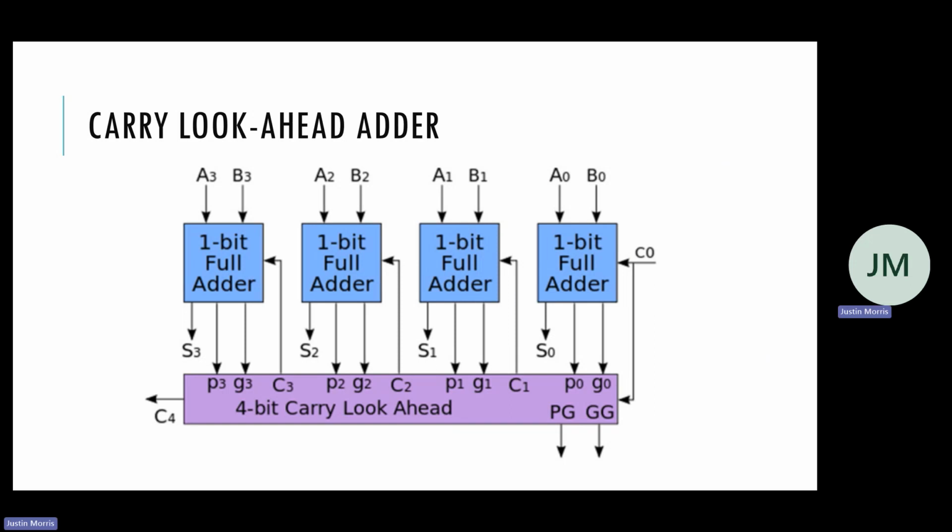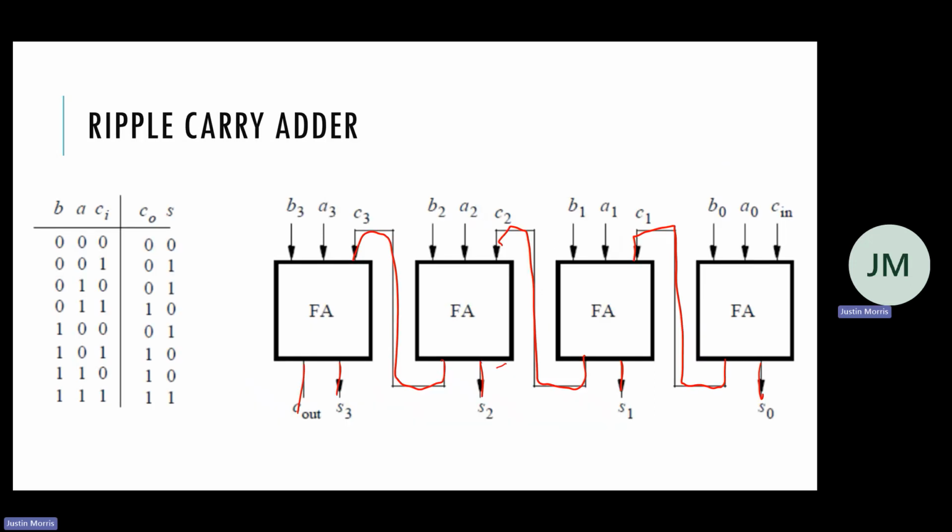So one of the downsides of this ripple carry adder is, like we saw with the combinational logic timing, the longest path defines how fast the circuit can be, right? So with this circuit, we have this pretty long path, right?